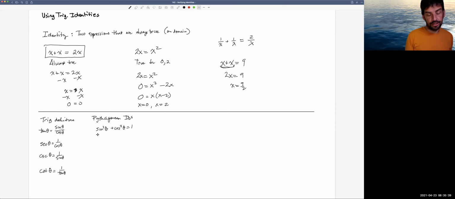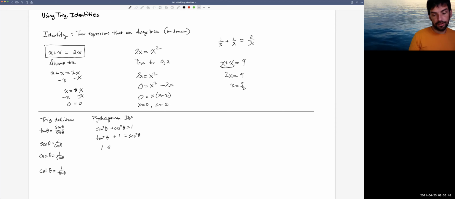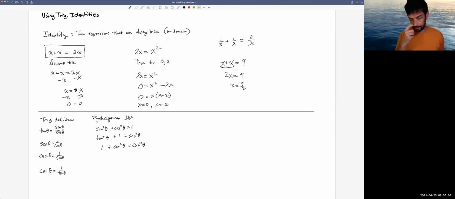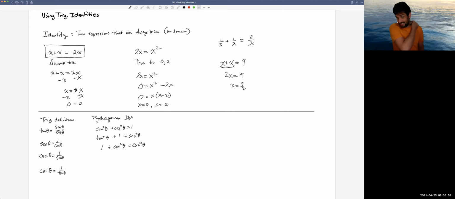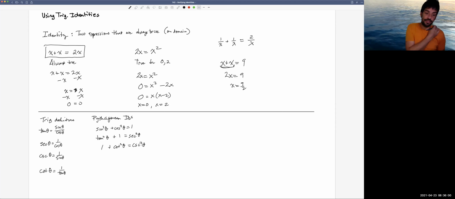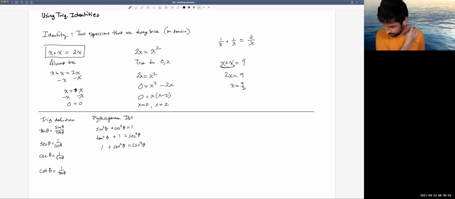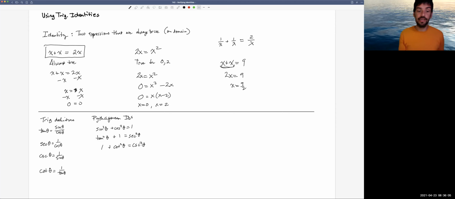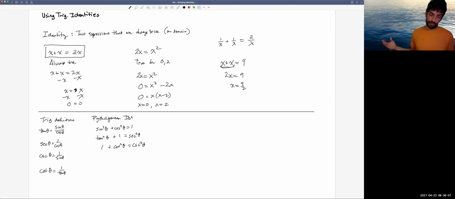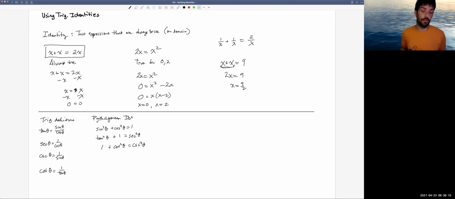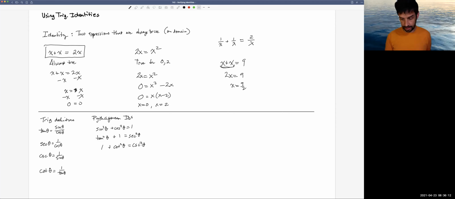We also have tangent squared theta plus 1 equals secant squared theta, or 1 plus cotangent squared theta equals cosecant squared theta. Okay, so we have these three identities, and we can take these as truth. We've gone through them a bit in the past, and so anytime we see sine squared plus cosine squared of an angle, we can replace that with 1, right?